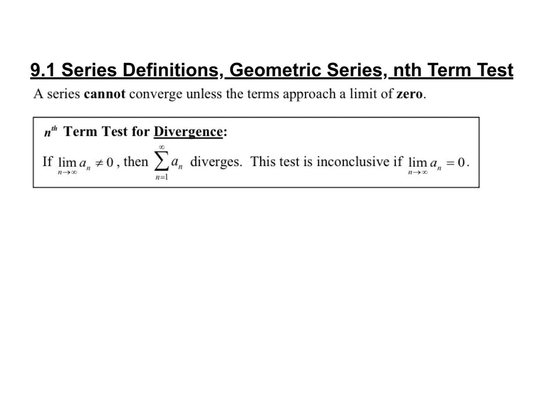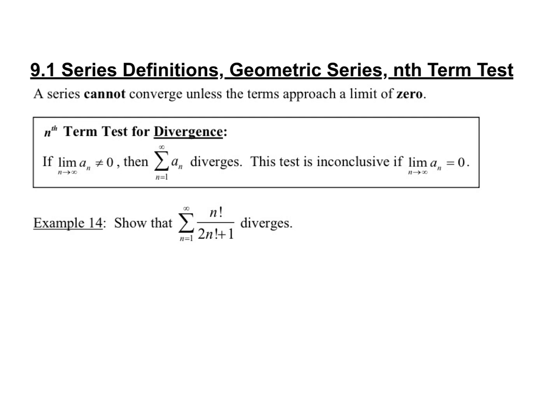If the limit of the formula equals 0, it doesn't guarantee that it's going to converge. So that's why it's inconclusive. The only thing the nth term test is good for is to determine divergence. That's it. And we'll have other formulas that will only determine convergence. Then there'll be other formulas that can do both. Okay, so we just have to watch out for that.